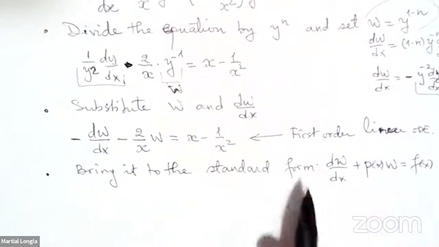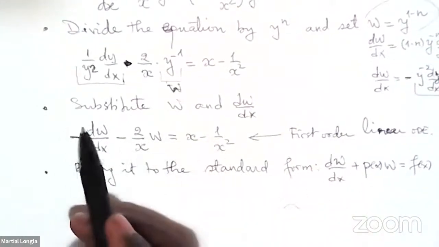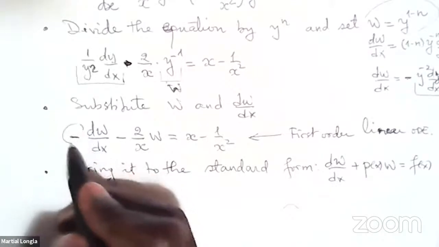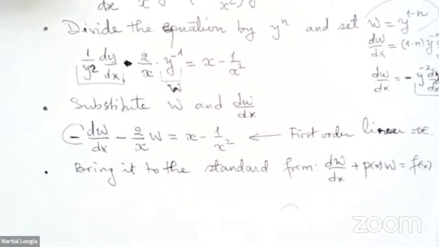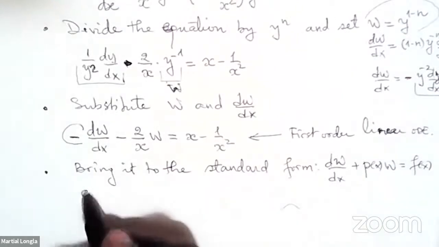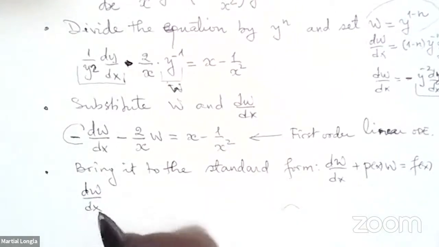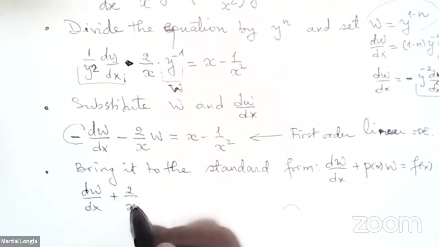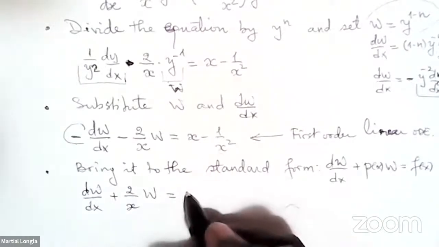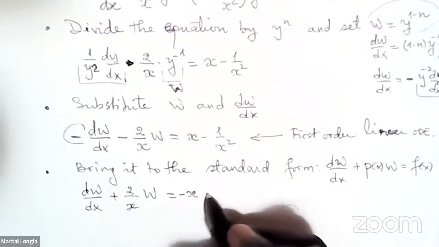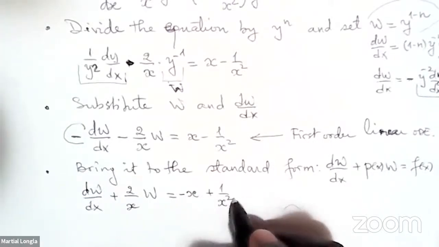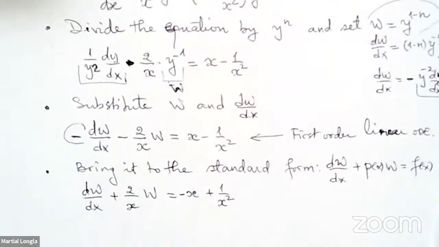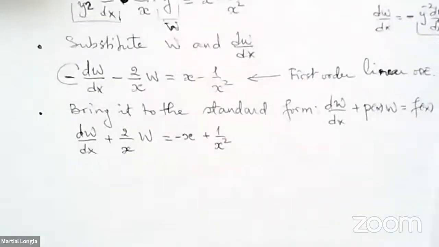So here that means divide the whole equation by anything in front of dw/dx. In this case, it's minus 1. So we get dw/dx + (2/x) w = -(x^2 - 1)/x^2.